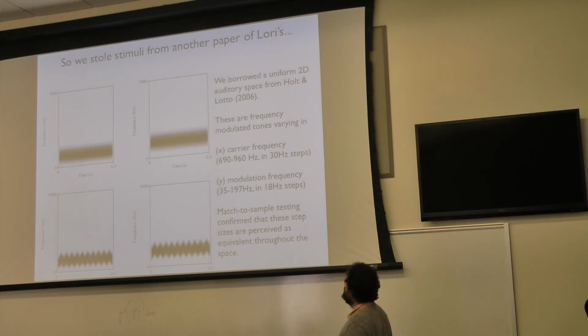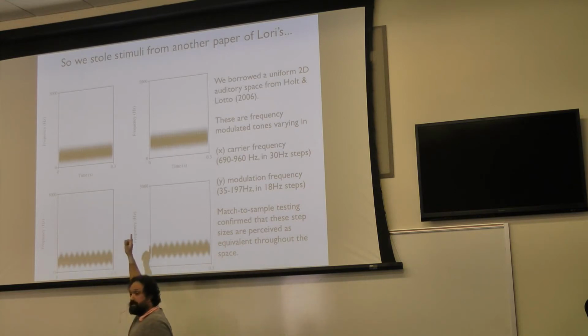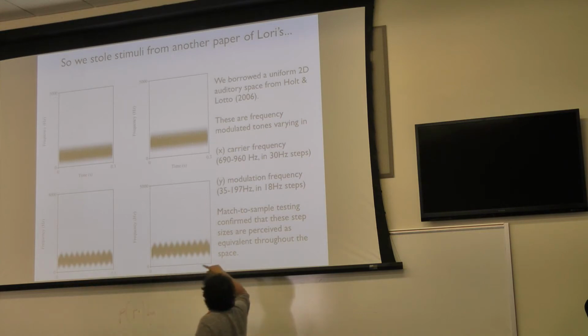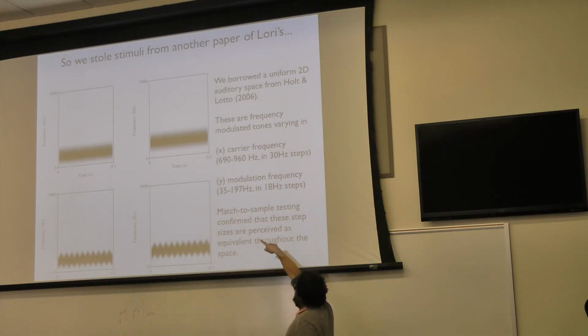Okay, so we took another set of stimuli. On this axis, they vary in frequency modulation. You can see that there's a low modulation frequency here, and there's a high modulation frequency there. That just means that they go up and down by 50 hertz, and the rate at which they go up and down ranges from 35 to 197 hertz, right?